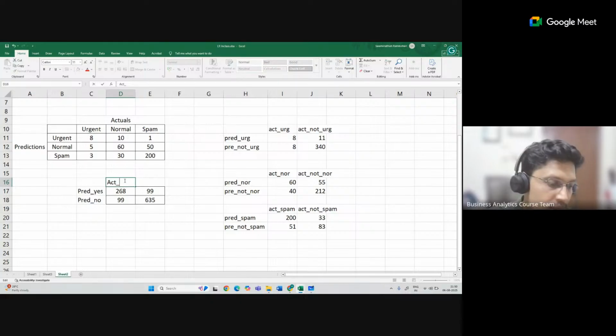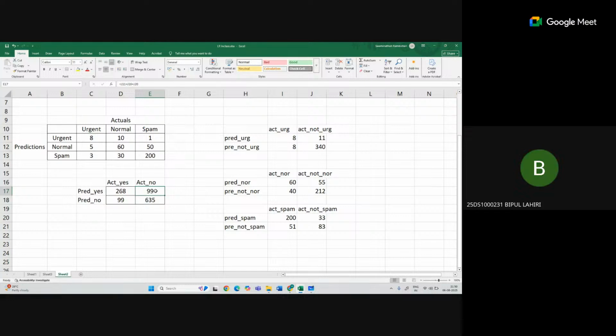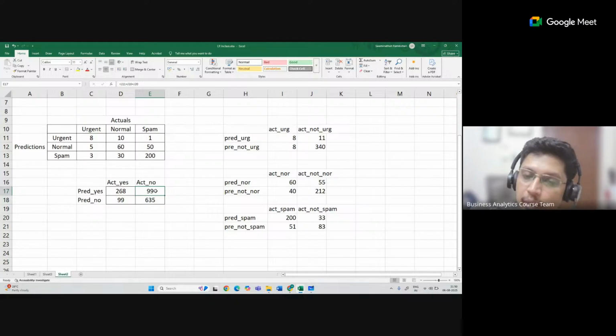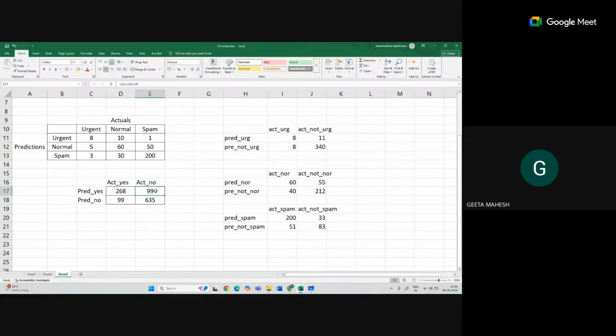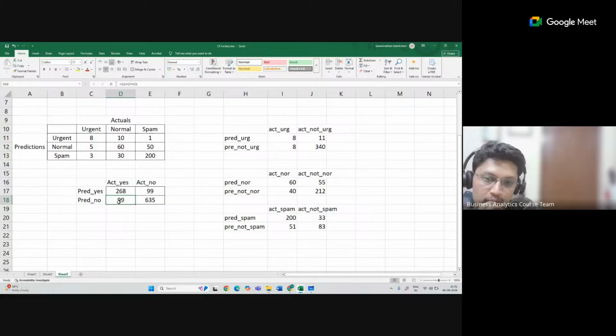Prediction is yes, actual is no. Is this a false positive or a false negative? False positive. Prediction is yes, actual is no, so false positive. And actual yes, prediction no is a false negative.